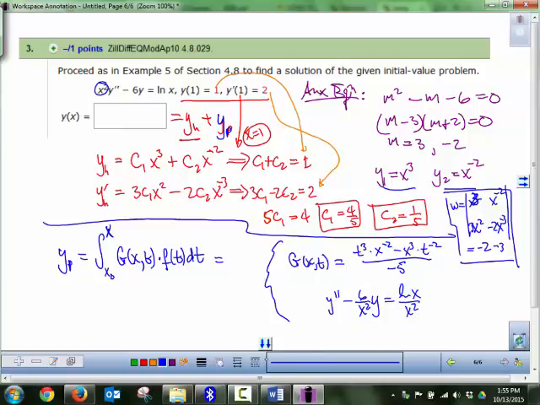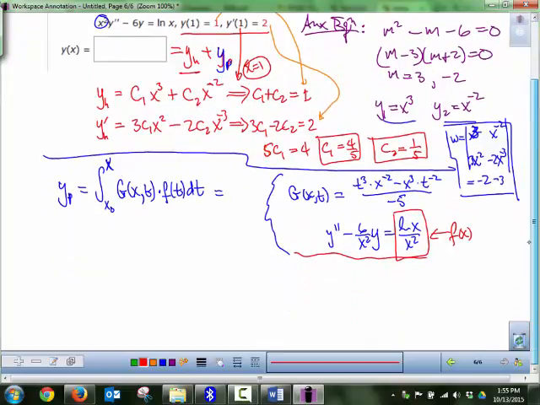So this is our f function. And then we're just going to make that a t. Oh, this is not looking good. All right, let's see how this is going to look.